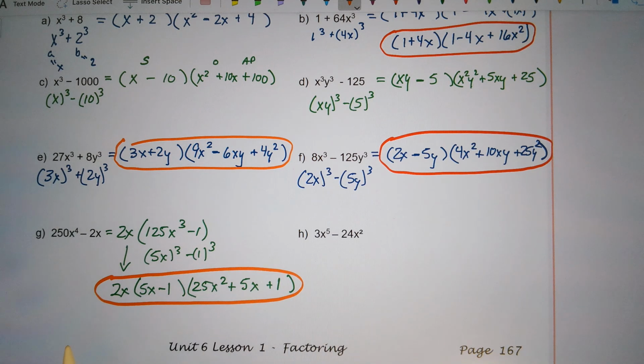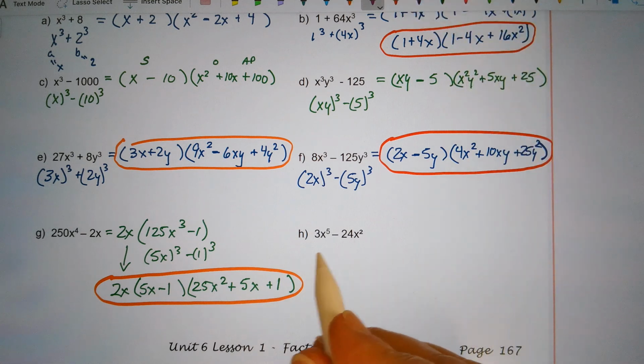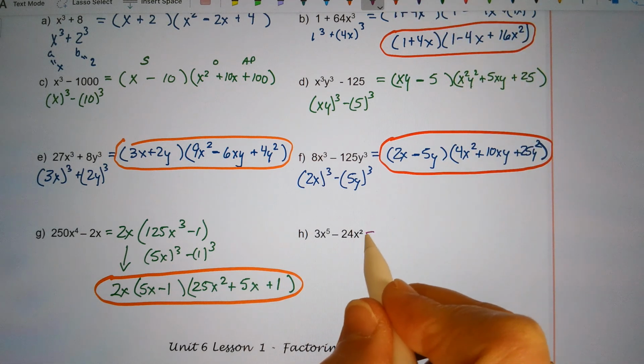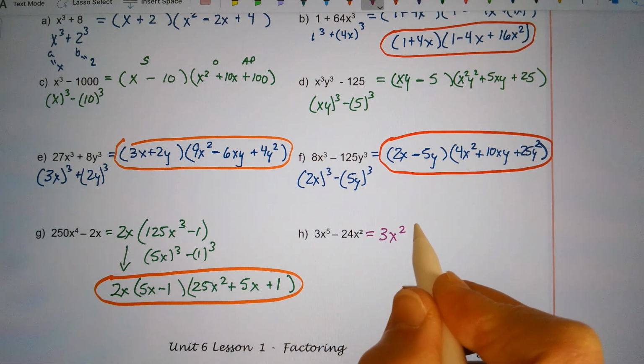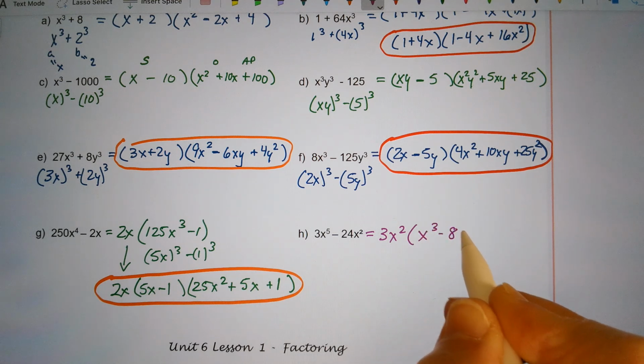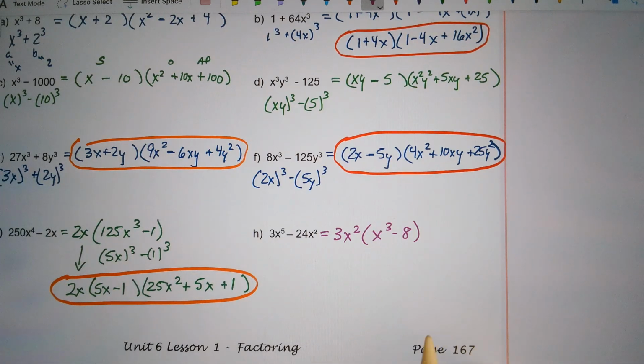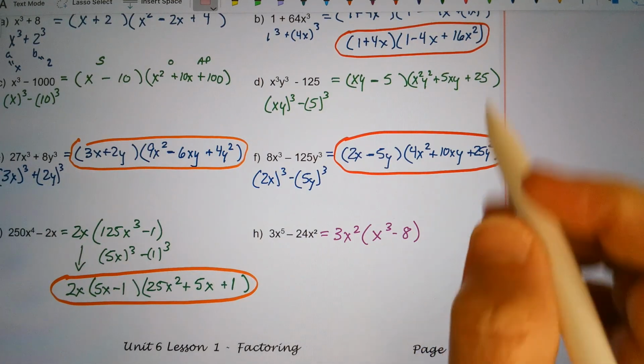And the last one here, 3x squared is common. We get x to the third minus 8. And now x to the third minus 8 is the difference of perfect cubes.